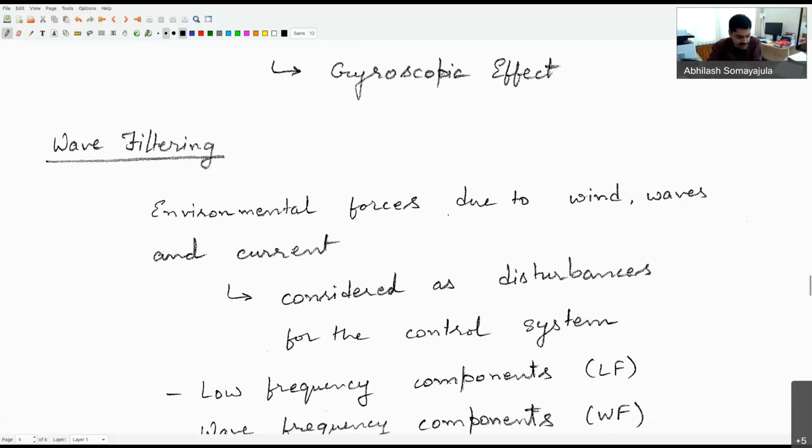So your craft may be experiencing motion due to waves, wind and current, and all those are taken into account, and whatever is the instantaneous position, that is what you're measuring from your sensors and getting as an output. But that is not what you want to use in your feedback loop. And we talked about this when we were talking about control systems, that you don't want to wear out your actuators for the high frequency stuff. So you want to remove the high frequency stuff, and only for the low frequency motions you want to compensate.